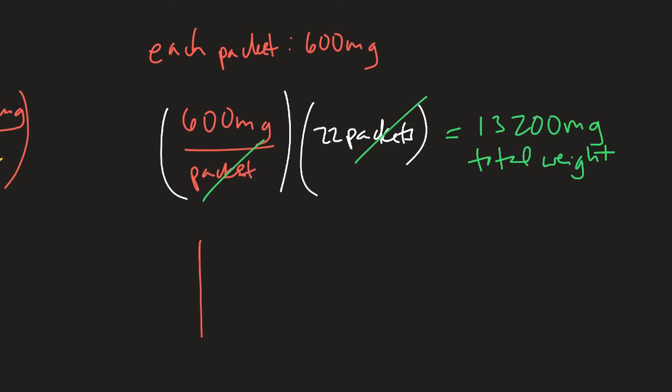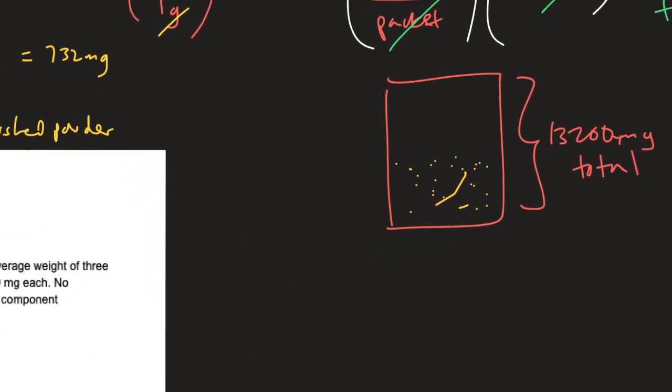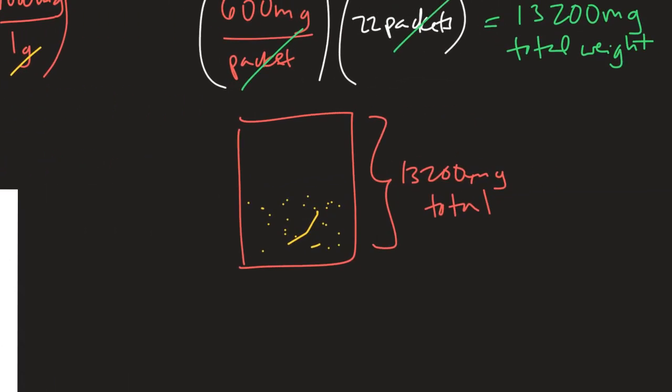So, drawing the picture again, this is your whole powder packet. All your powder packets should weigh 13,200 milligrams total. We know the crushed powder should give you 7137.3.